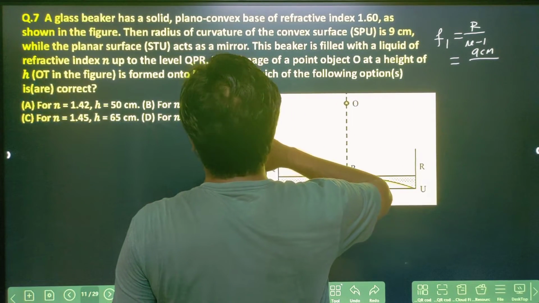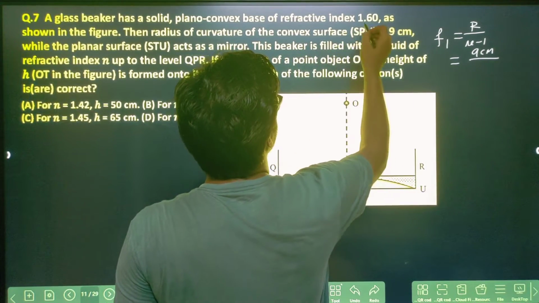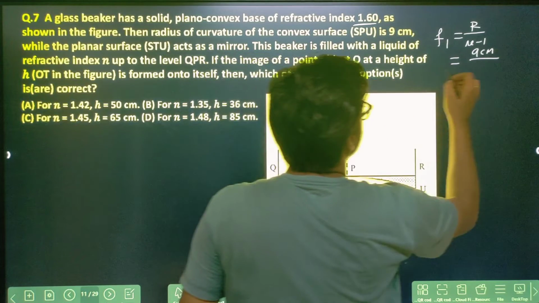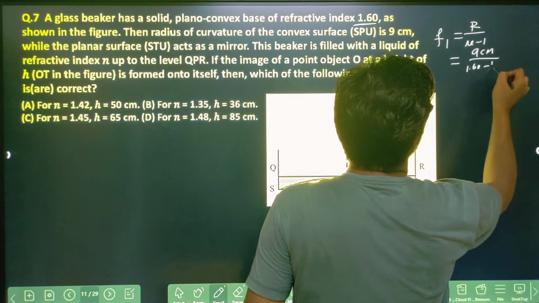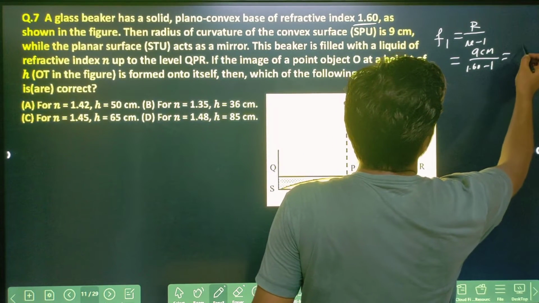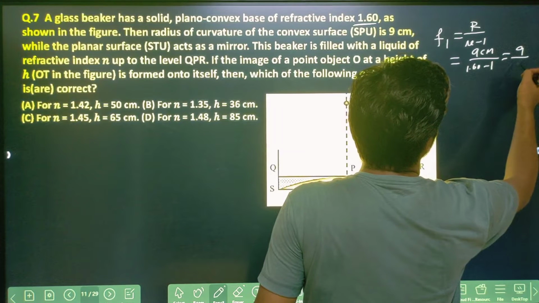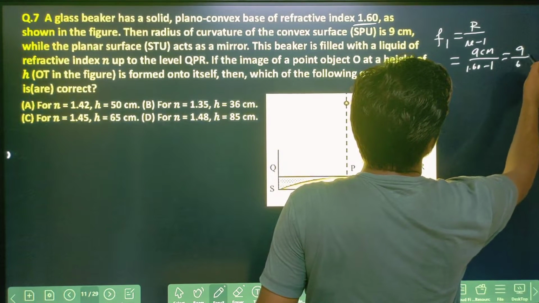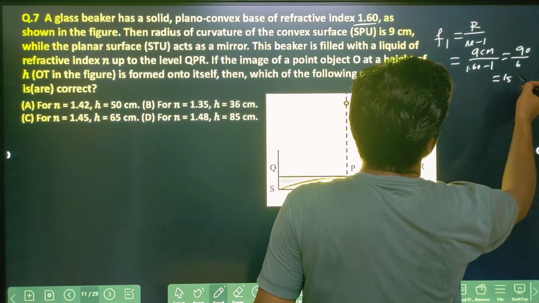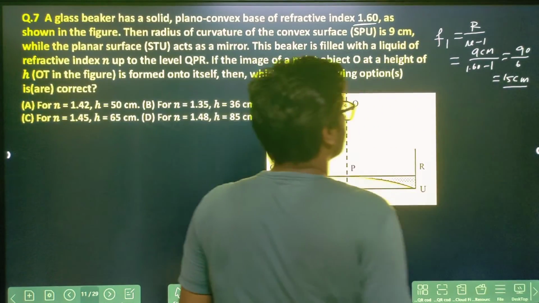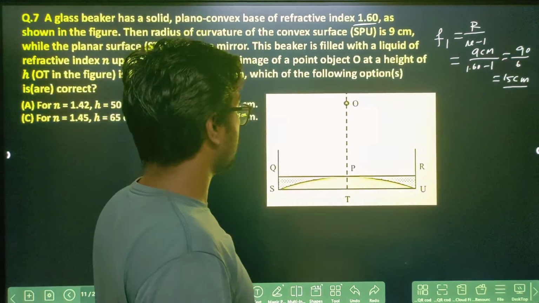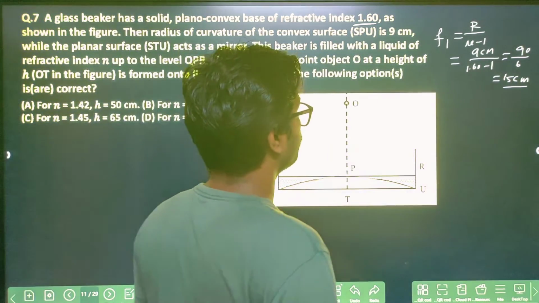Mu is basically your refractive index, and they have given 1.60 here. So this will be 1.60 minus 1. So this will be 9 divided by 0.6, so this will be 15 centimeter.